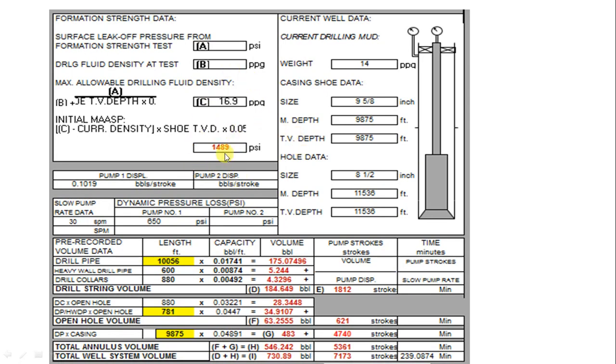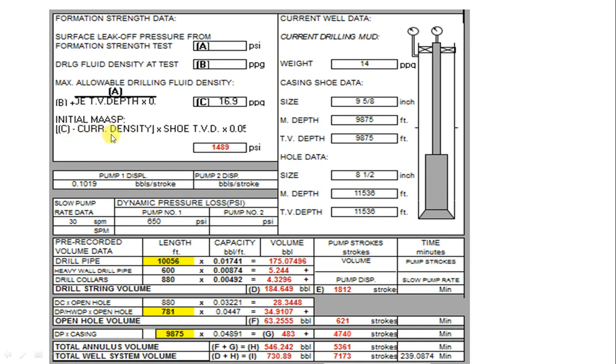So the first one we will get is the initial mass. As you see here, the formula gives you everything. You have no need to study the formulas or something like that. So it is C, which here is 16.9 minus the current mud density, which is 14.